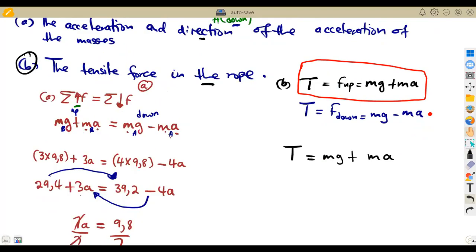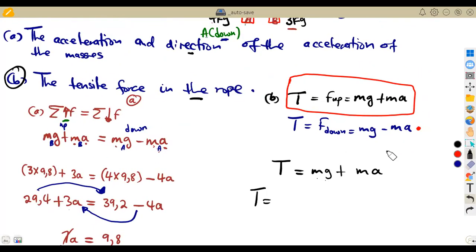Already the first part we have it: mg, that is mass. Our mass, remember, it was what? Remember, I've got two objects there. I want the mass for F up, this was the side of F up. So the mass there was 3. So it's going to be 3 times 9.8.